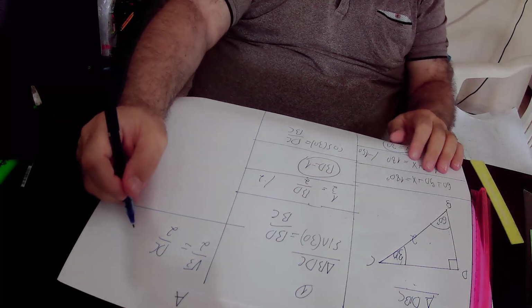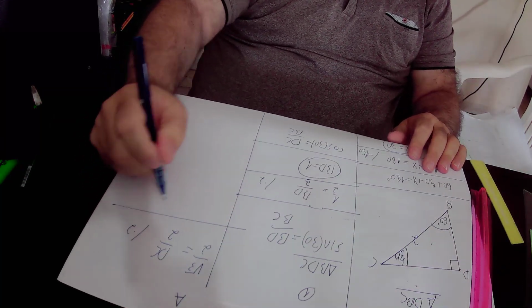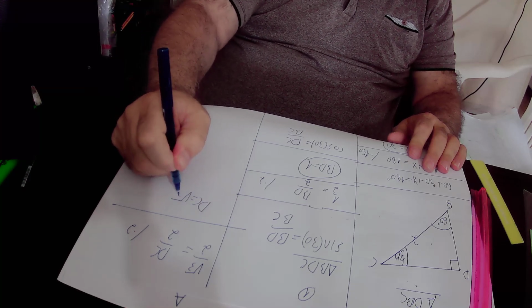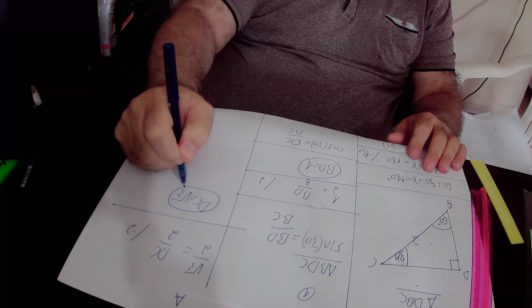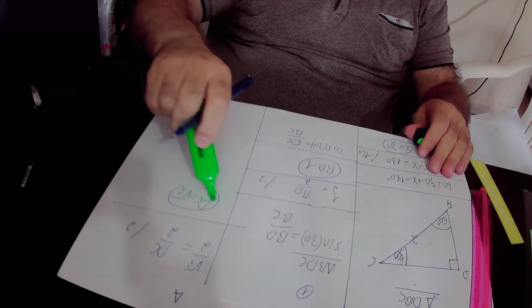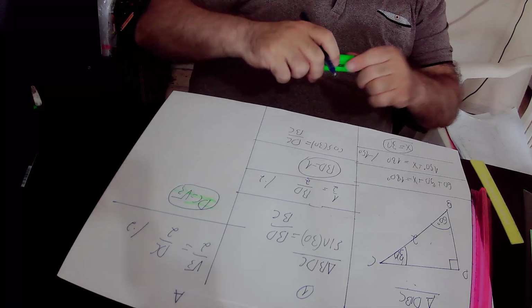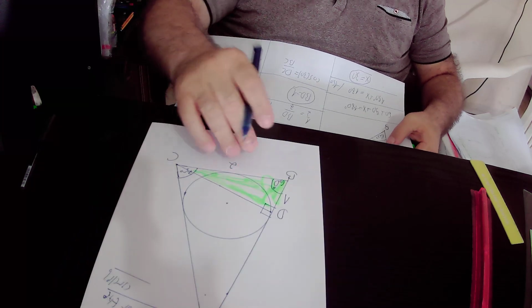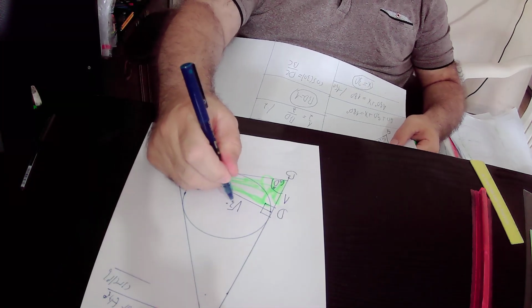We multiply this equation by 2, and we get that DC equals square root of 3 units. Okay, we found out that DC equals square root of 3 units.